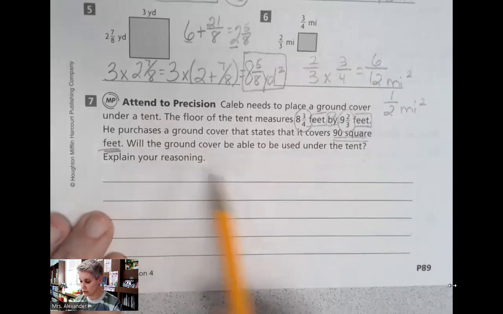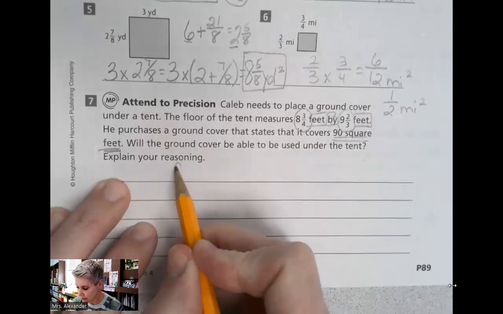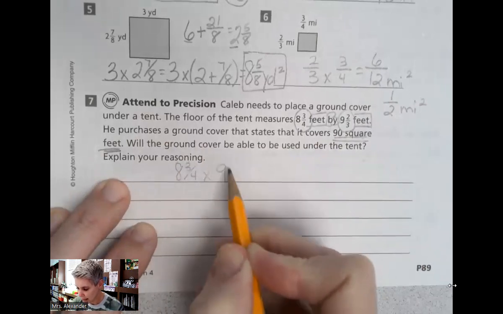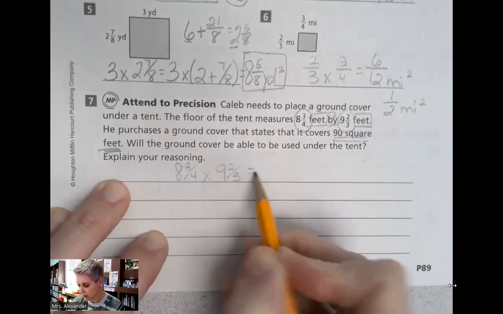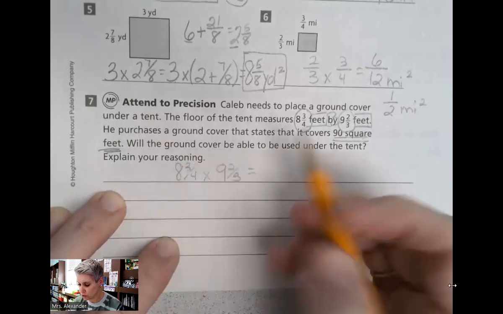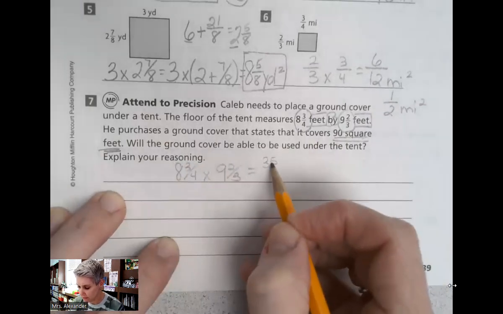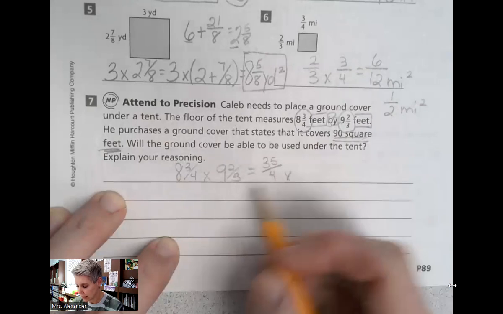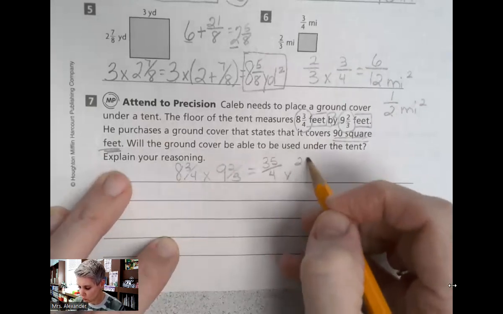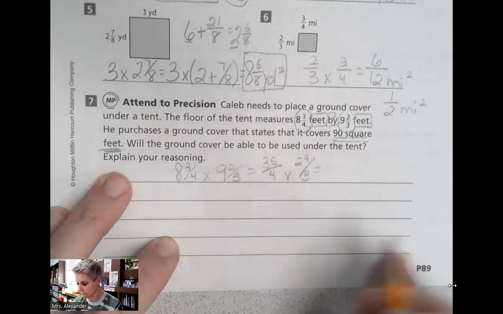So what we need to do is find the area of that tent floor. 8 3/4 times 9 2/3. So I'm going to rename. 8 times 4 is 32, plus 3 is 35/4, times 9 times 3 is 27, plus 2 is 29/3.